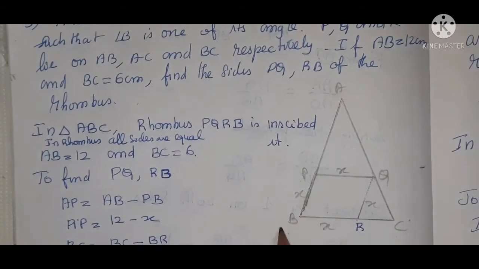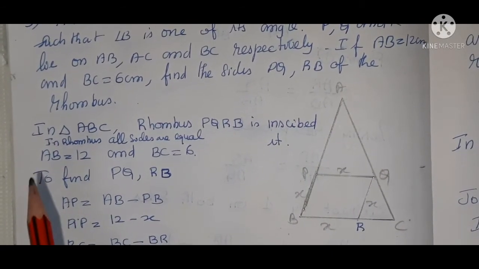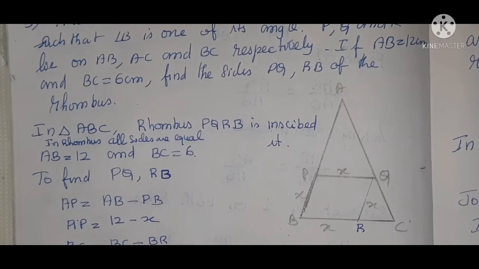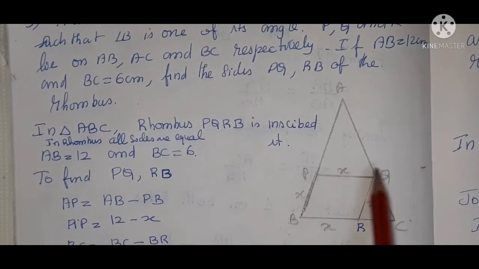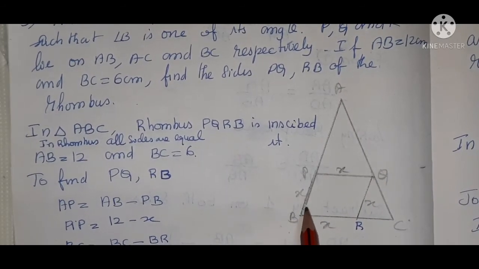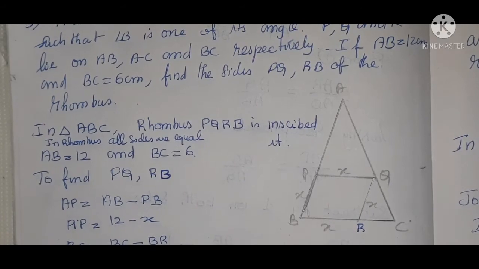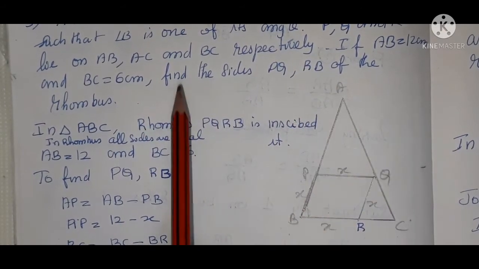Here, a triangle ABC. A rhombus is inscribed in the triangle ABC, PQRB. Angle B is one of the angles of the rhombus and also of the triangle.